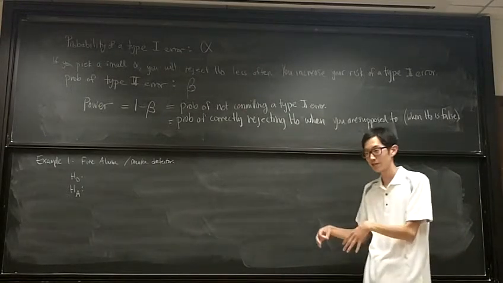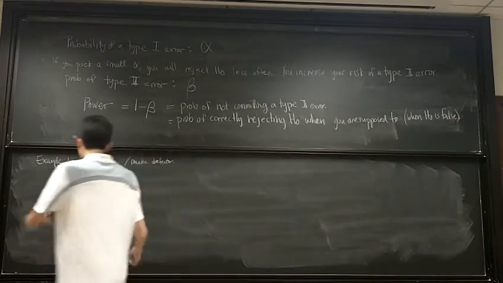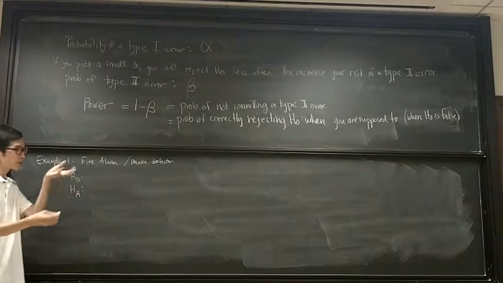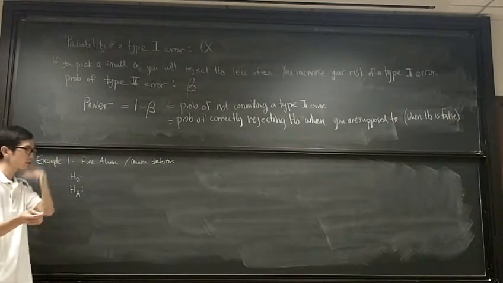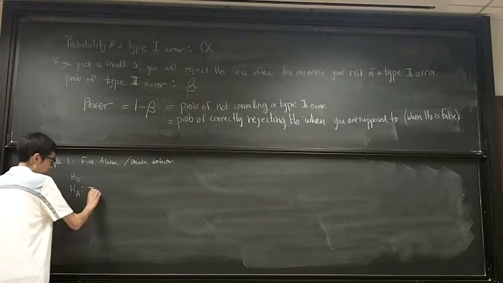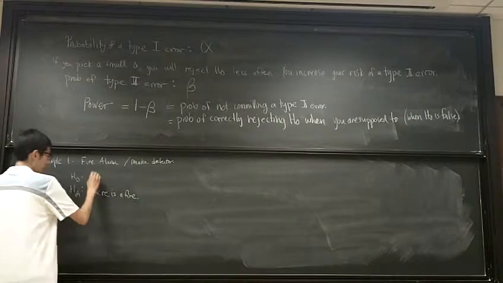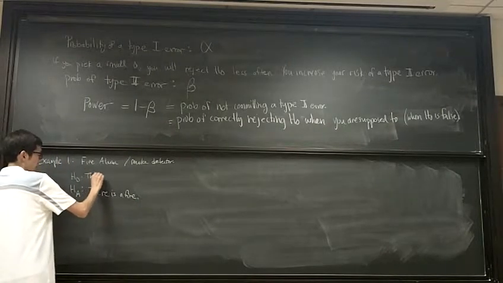Or it's evidence to reject the null or not reject the null. So in this case, the presence of smoke is our evidence used to support the alternative. So the alternative is there is a fire, and the null is there is no fire.